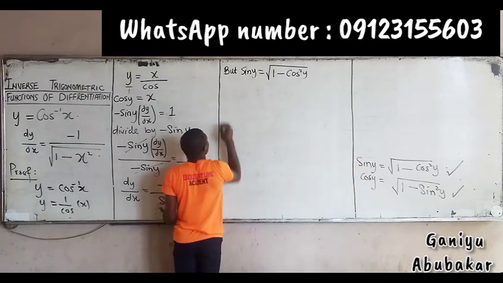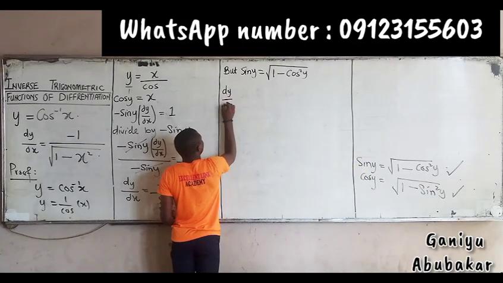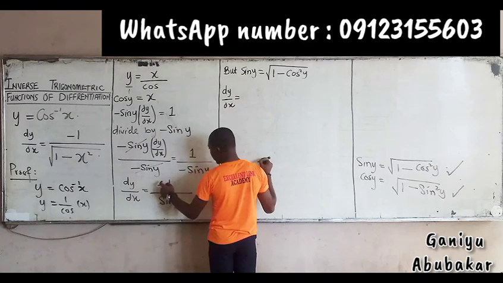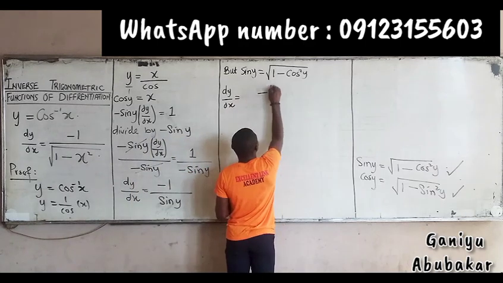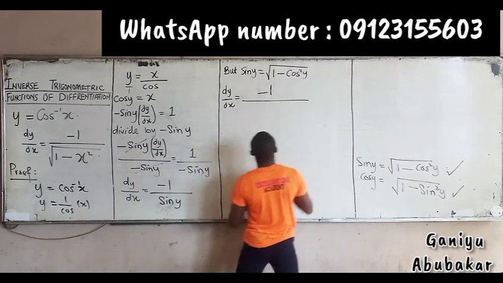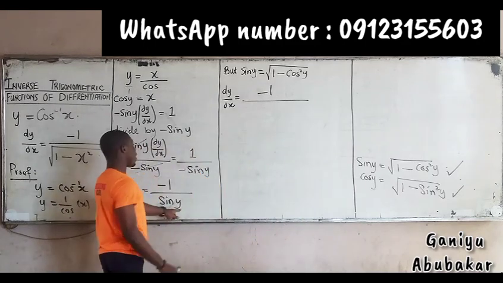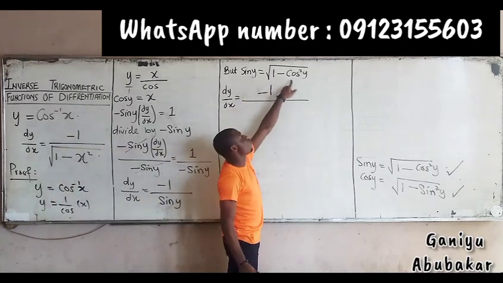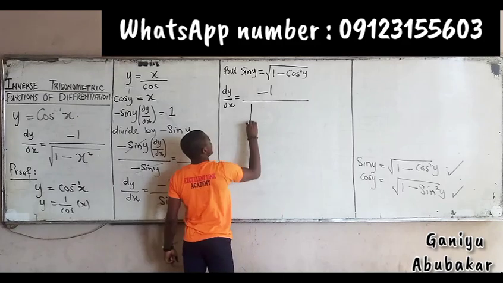Of course, I'll have that dy over dx is now equal in value to negative 1 all over, since sin y was now root 1 minus cos squared y, and that becomes root 1 minus x squared.